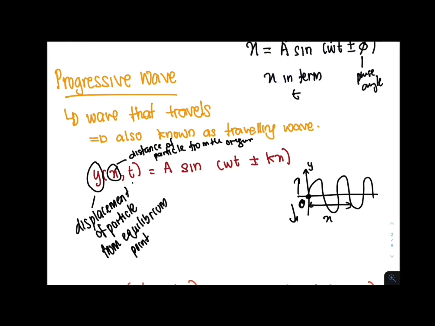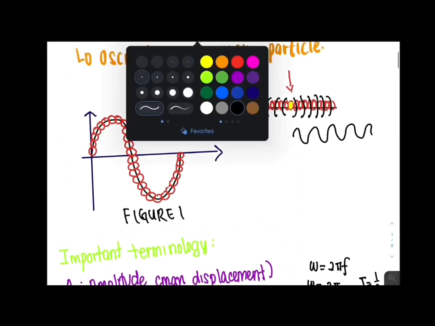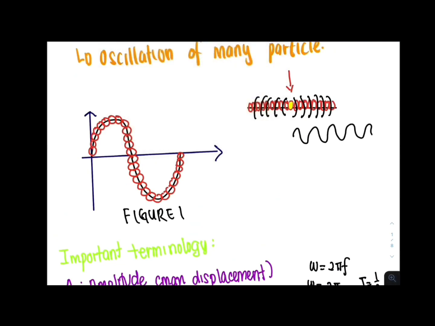Ini adalah x kita. Kalau kita berbalik ke graf ini, dekat atas ni, saya cakap we have many particles dekat sini, betul? Many particles dekat sini. And then let's say I want to know a particle, katakan particle ini, yang kita tengah cakap adalah this is the particle. Okay, this is the particle. Particle yang saya shade dekat sini. So particle sini sekarang dia tengah berada pada jarak x from the origin. This is what we call as the x tadi, distance of particle from origin.